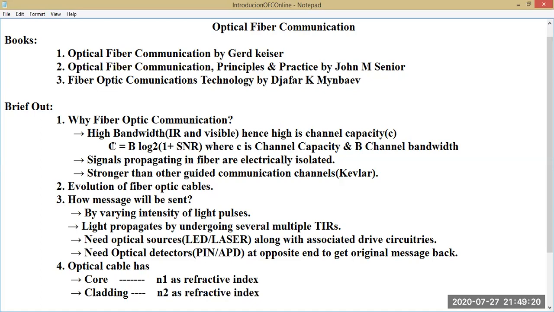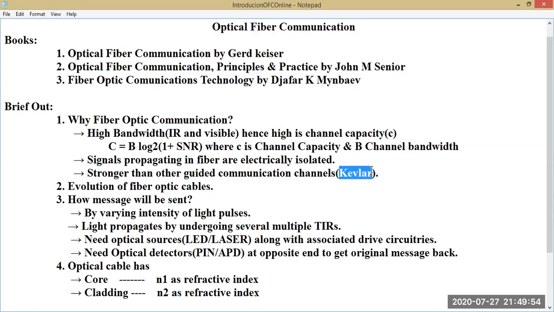Similarly, the third point is regarding the strength that optical fiber cables have compared to other guided communication channels. Optical fiber cables are stronger than other communication channels. What is the reason? Optical fiber cables are designed with one material, Kevlar.